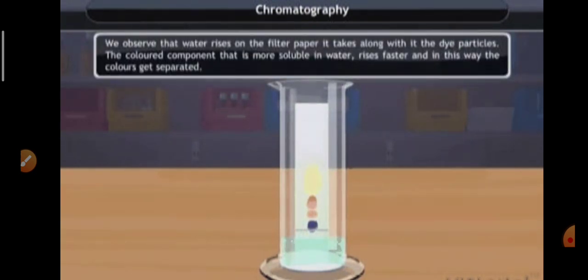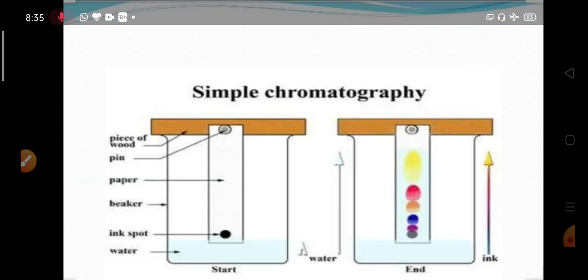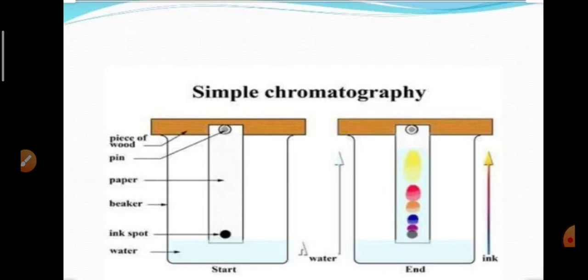The water rises on the filter paper and takes along with it the dye particles. The colored components that are more soluble in water rise faster, and in this way the color gets separated. Here in the diagram you can easily see how the dye or the ink spot separates in the filter paper by this method.